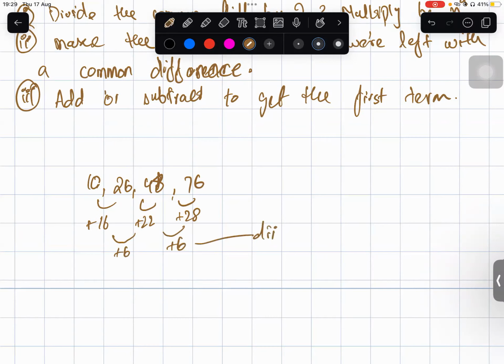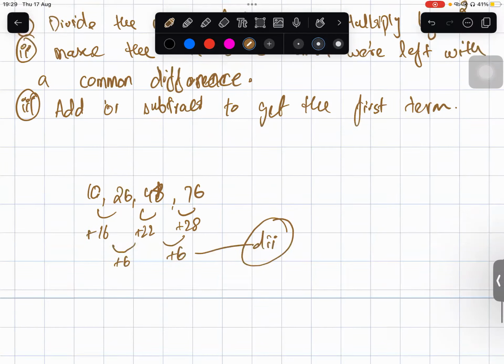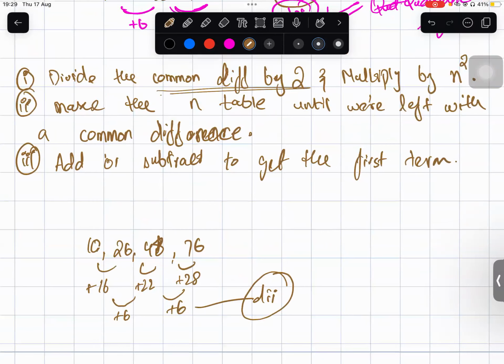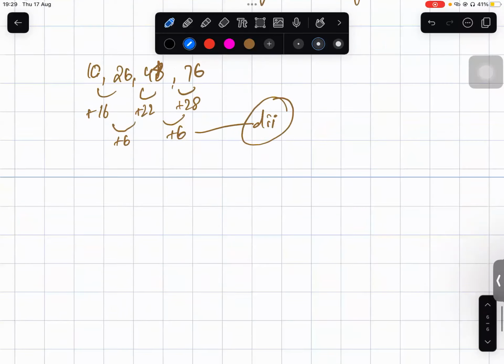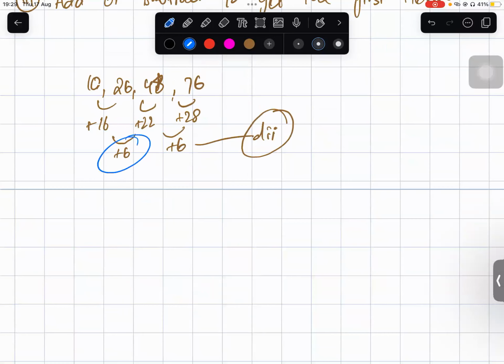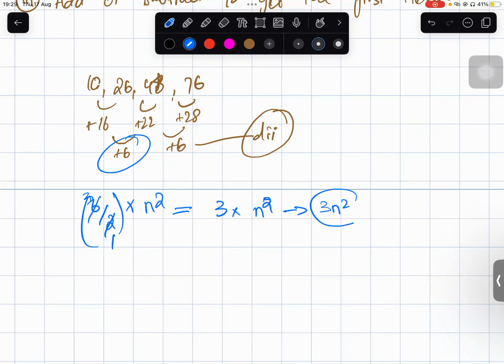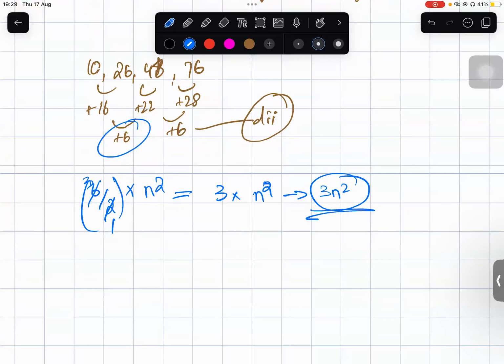As this is on level 2, we already discussed that this would be a quadratic sequence. So the first step would be divide. You divide the common difference by 2, and you multiply that by n squared. The common difference, which is 6 in our case, we'll divide by 2, and multiply the answer by n squared. So 6 divided by 2 is 3, multiplied by n squared, and we'll be left with 3n squared. Okay, so we're done with this term.